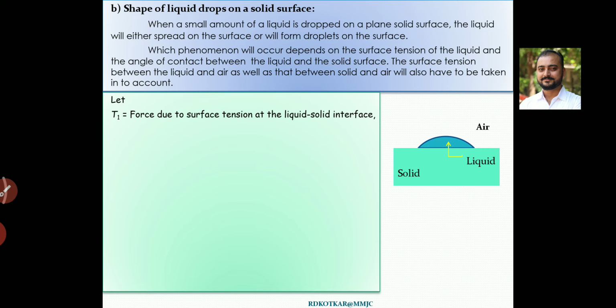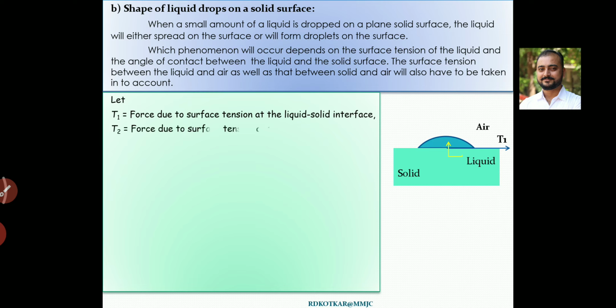So we consider that there is surface tension between the solid and liquid, which is shown here like this. So T1 is the force due to the surface tension at the solid-liquid interface, meaning where the solid and liquid are in contact, the force developed there is called surface tension, and that is your T1.